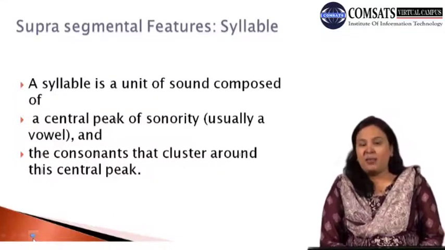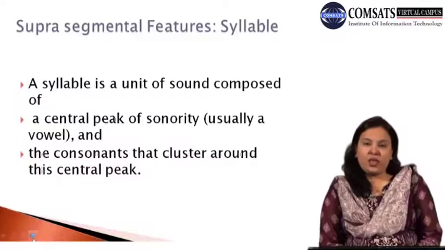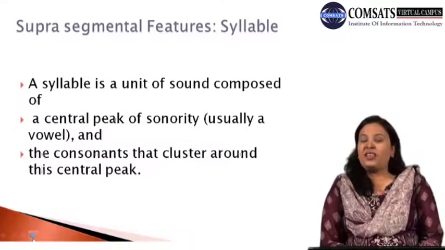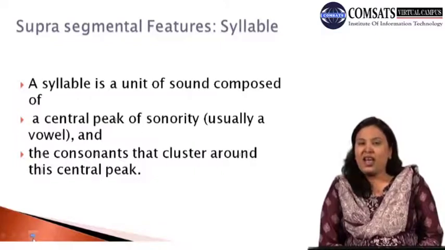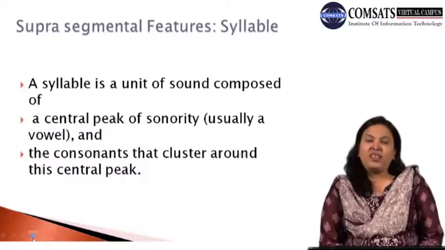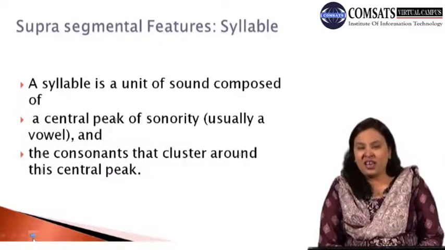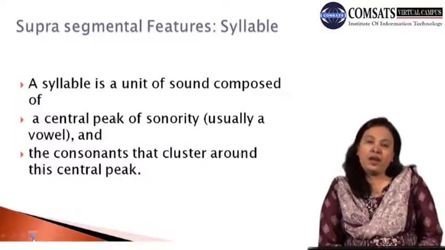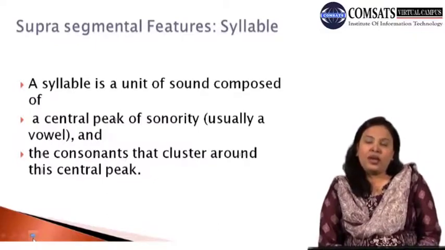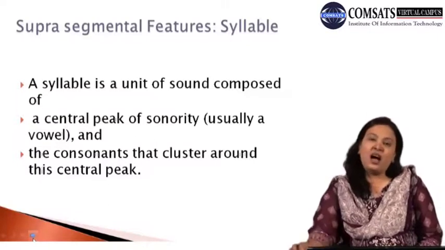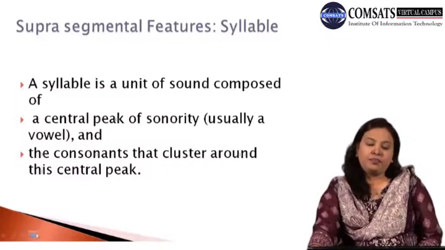So a syllable is a unit of sound that is uttered which has a central portion and a surrounding portion. The central portion is always a vowel, and the surrounding or clustering area is usually made up of consonants. Together this central unit and the cluster unit make a syllable.